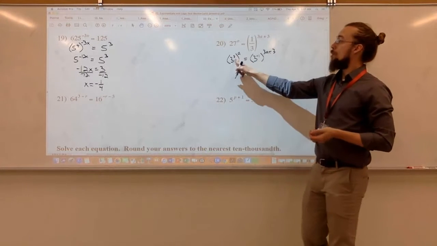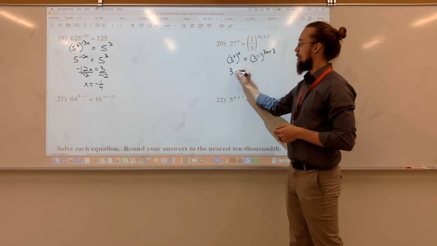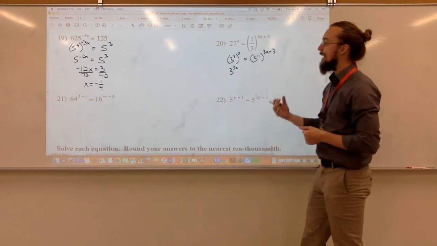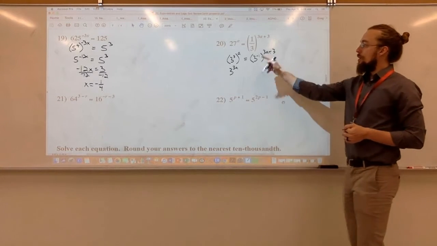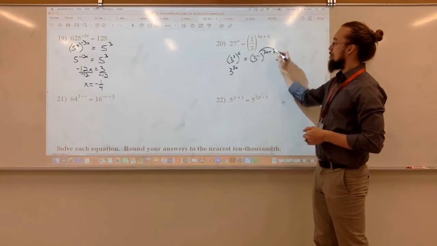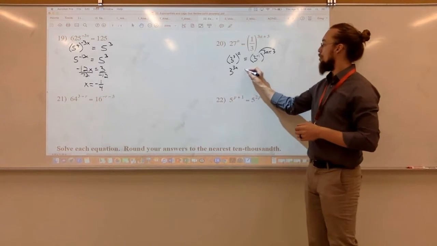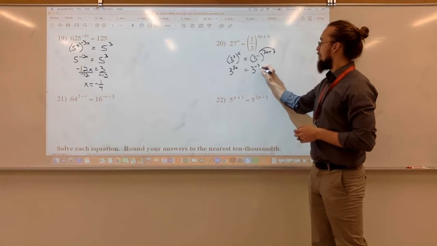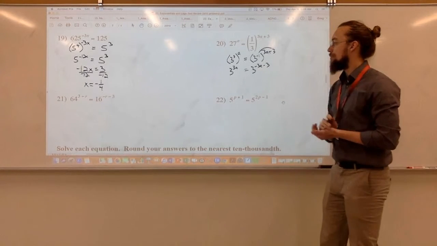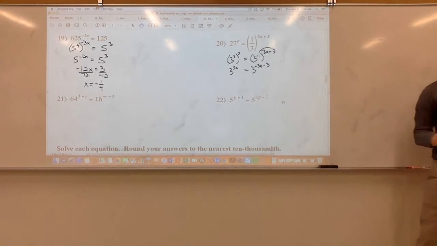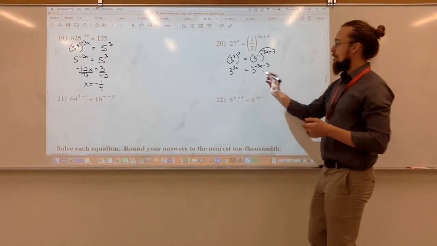So again, I'm multiplying the exponents here if I'm raising a power to a power. So this would be 3 to the 3a. Then here, I would need to distribute this negative 1 to both of these pieces of my exponent. So this would end up being negative 3a minus 3. Now that I have the same base, I can set the exponents equal.